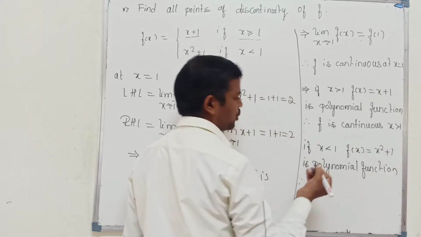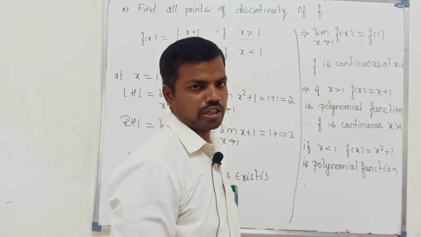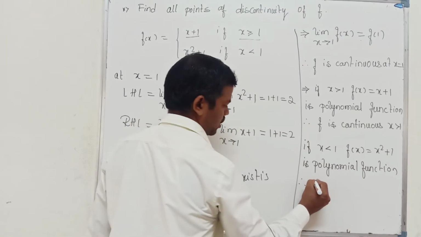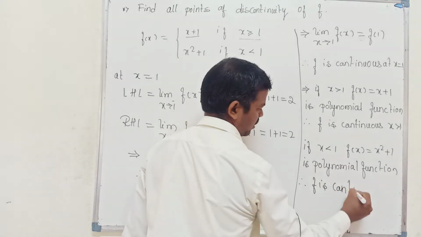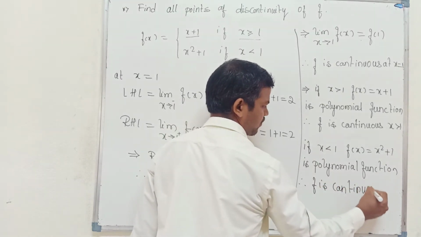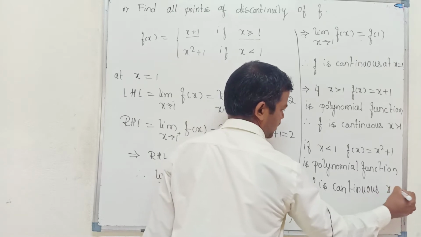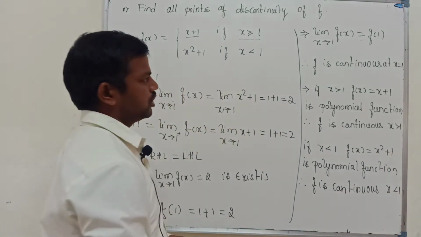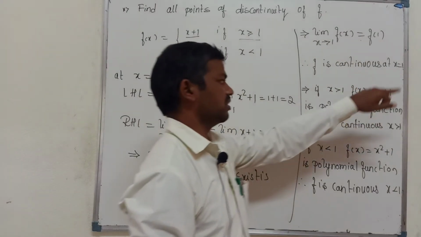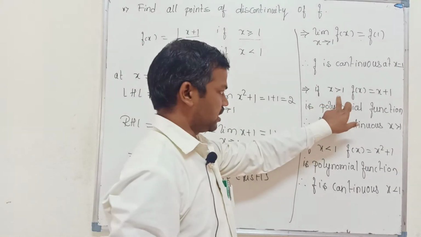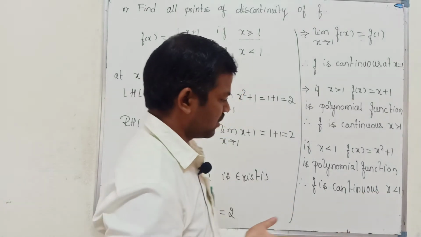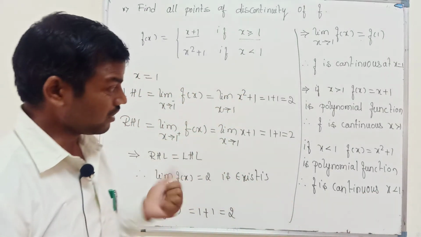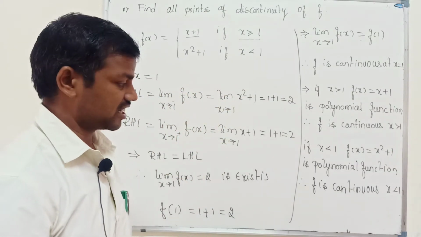Therefore, we know that every polynomial function is continuous. Therefore f is continuous for x less than 1 also. So it is continuous at x equal to 1, continuous for x greater than 1, and continuous for x less than 1. So it confirms that there is no point of discontinuity.